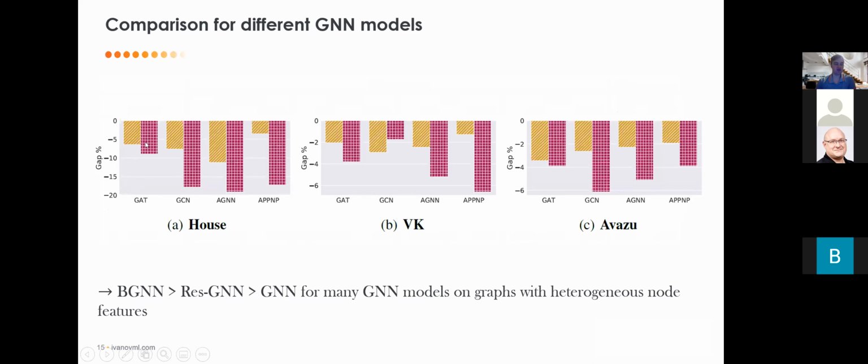You can see that the red one is always below the yellow, which means that we achieve a better gap for different GNN models. And yellow in turn is always better than the vanilla GNN model. That shows that our paradigm is agnostic to the GNN architecture that you choose.